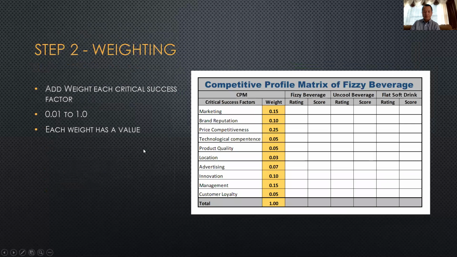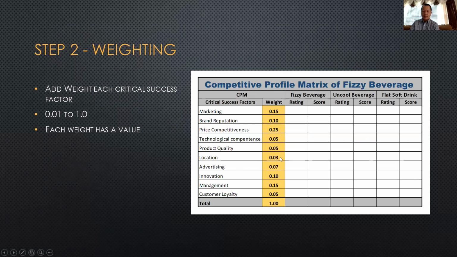So step 2 is to assign weight to these factors. If you see the matrix here, for marketing I assigned a weight of 0.15, and I feel it's pretty important. It depends on the weight, and if you feel something is very important and has a lot of value, you weight that higher.